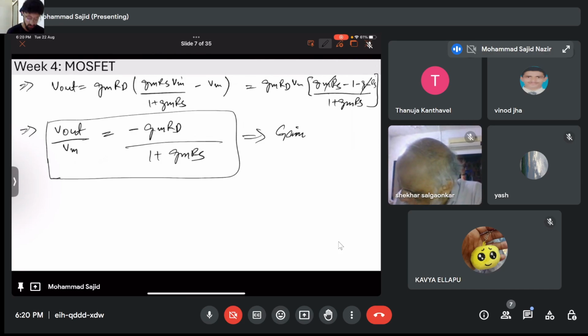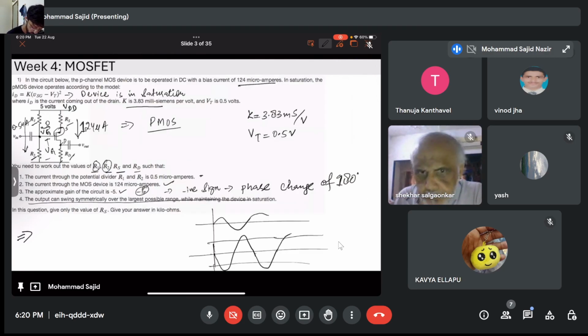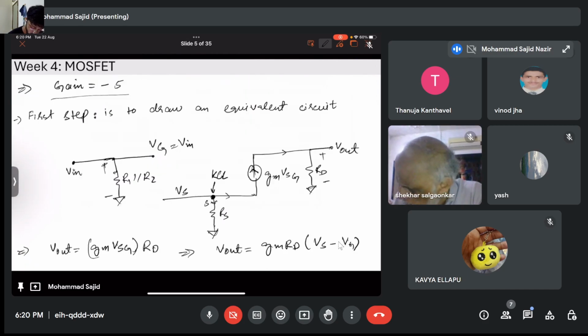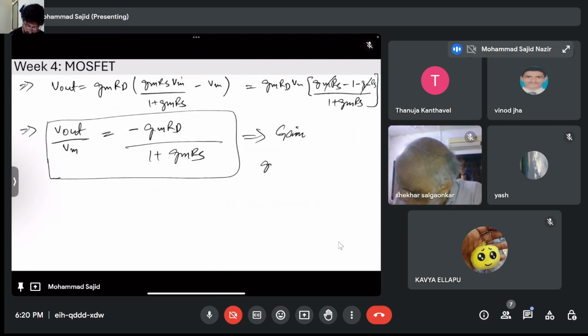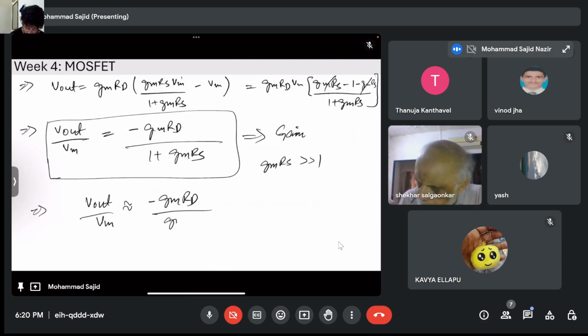Okay, now the question says this is an approximate gain. So we can assume here that for GM RS greater than 1, V output by V input is nearly equivalent to minus GMRD divided by GMRS. This and this will go. That means it's equivalent to minus RD by RS, right?